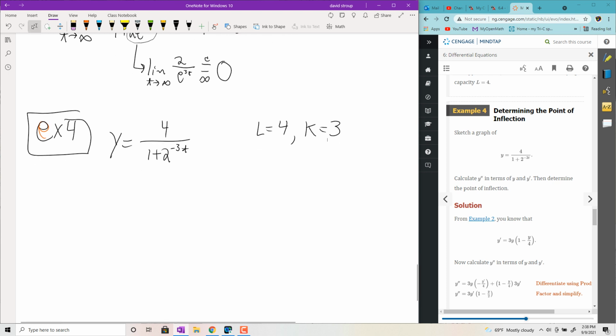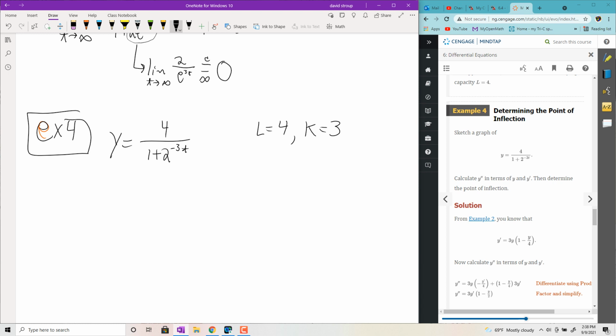And to get the inflection point, what we're going to do is basically take the derivative of the derivative. If you remember finding inflection points, it was find the second derivative, set it equal to 0, solve it, and those would give you the potential inflection points, right? So that's kind of what we want to do here, sort of.